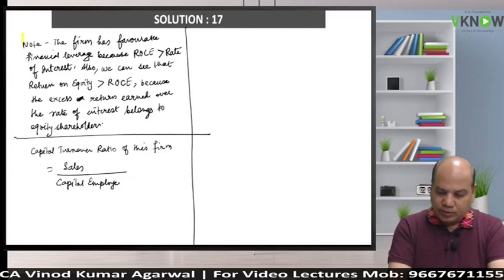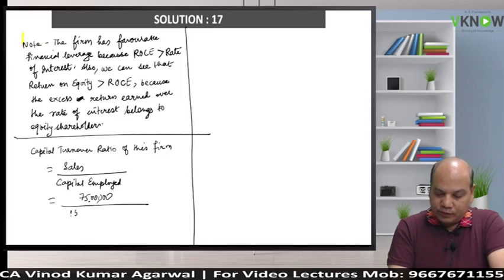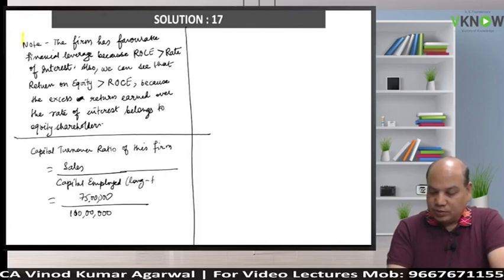Sales is 75 lakh, and capital employed is 55 lakh plus 45 lakh, 1 crore. We take long-term funds, not just equity but debt also. So that is 0.75.